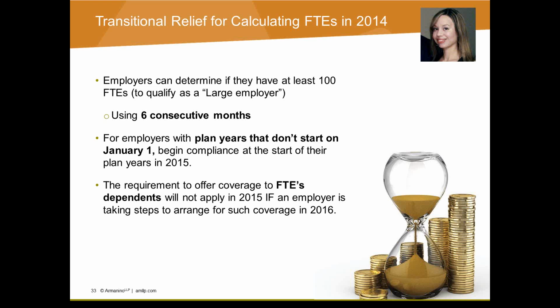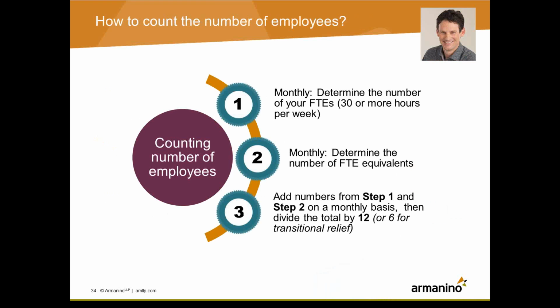So Dan, can you please help with that? Yeah, so there's two things you have to count. One, full-time employees and full-time equivalents, and that determines whether or not you're a mid-size or large employer. And then for the penalty phase, we're going to have to count just full-time employees.